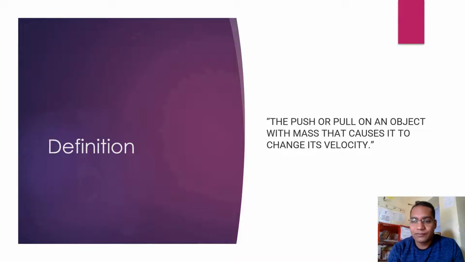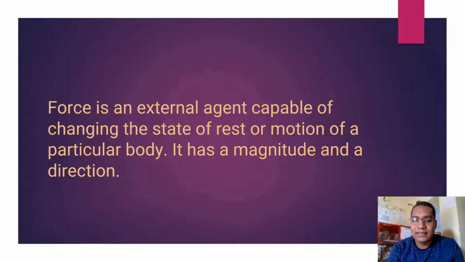Next, force is an external agent capable of changing the state of rest or motion of a particular body. It means force is an external agent which changes the state of an object, either in rest or in motion. So it has a magnitude and direction too. I think you got it.